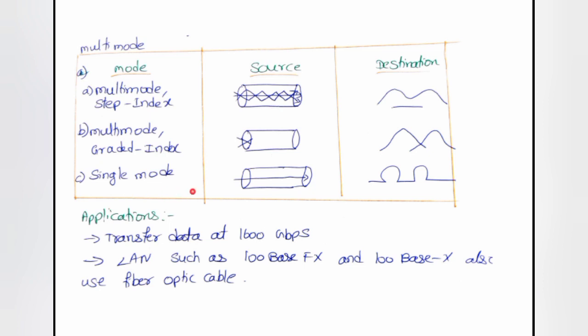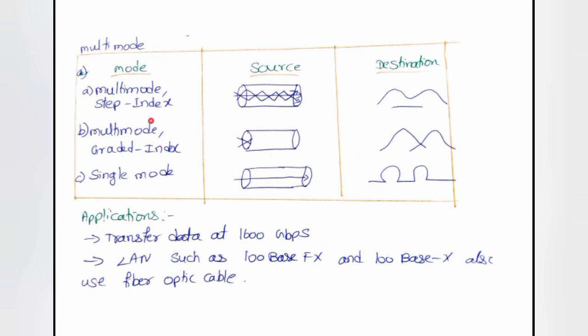In the single mode, the single light ray will travel through the optical fiber cable without any distractions. Whereas in the case of the multi-mode, there will be multiple light rays traveling through the optical fiber cable to reach the destination.